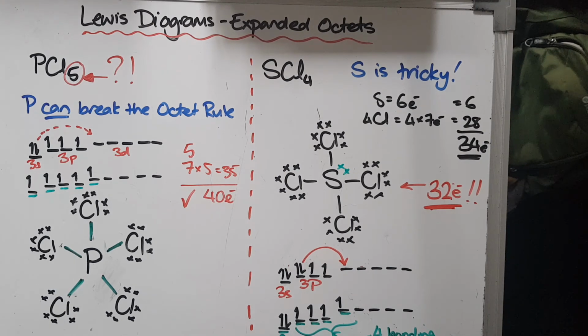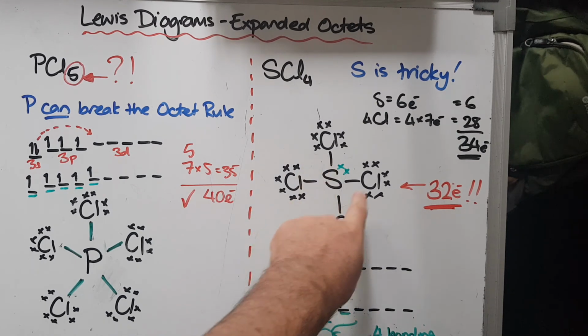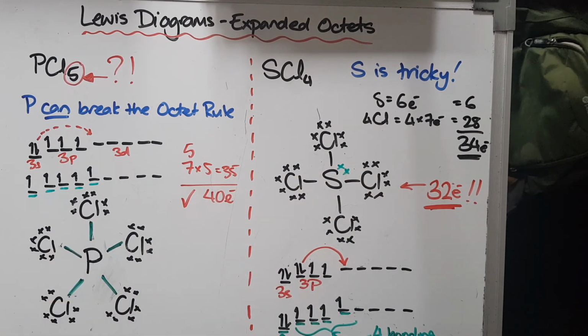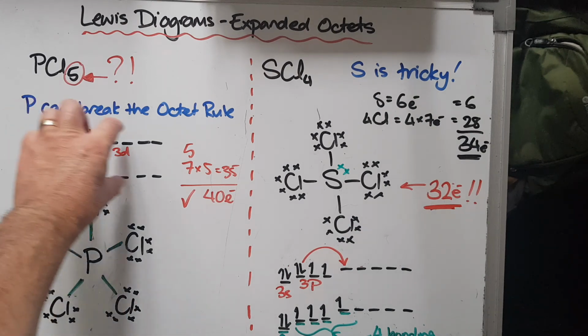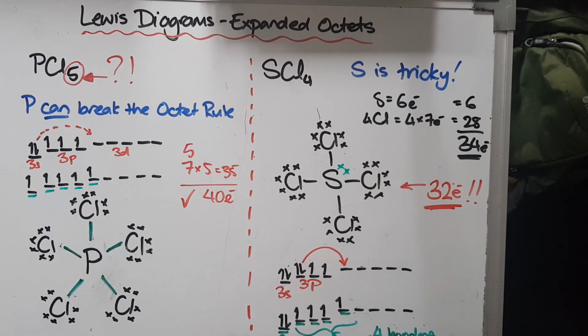So lots and lots of practice is how we get good at these ones here. We still use the same rules as we did before to create our Lewis diagrams, but we need to be aware that sometimes that central atom, only the central atom in these ones, can break the octet rule, and here is our reason why. It's to do with moving electrons into the 3d orbitals.